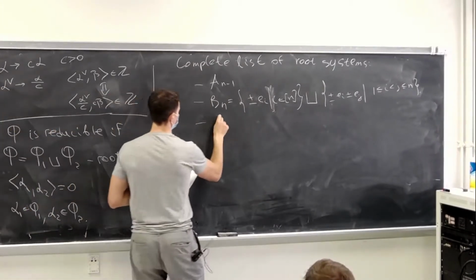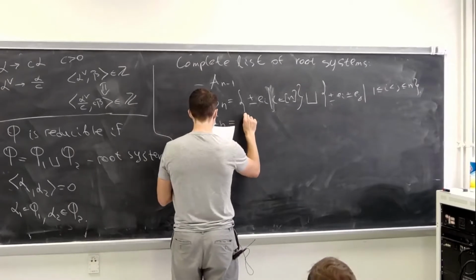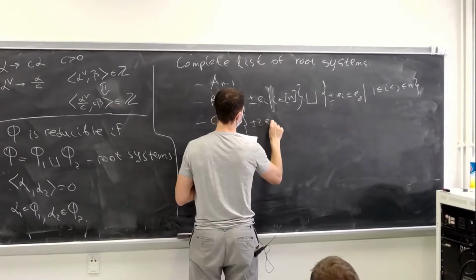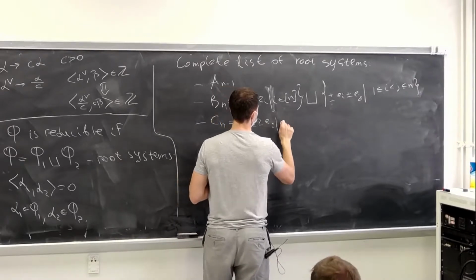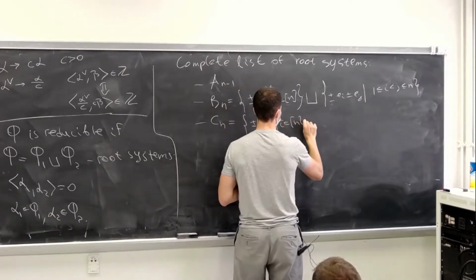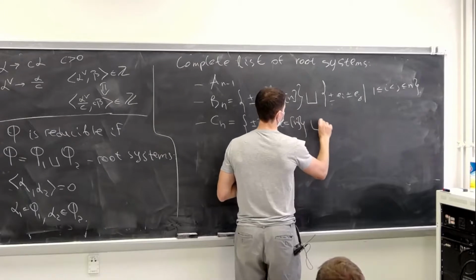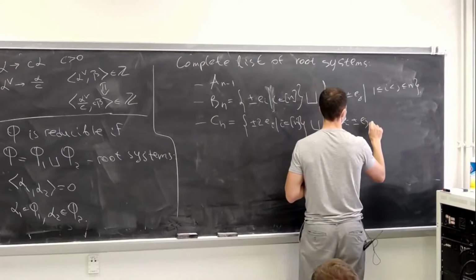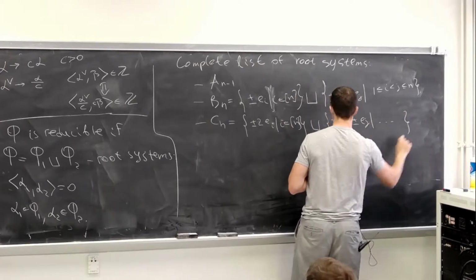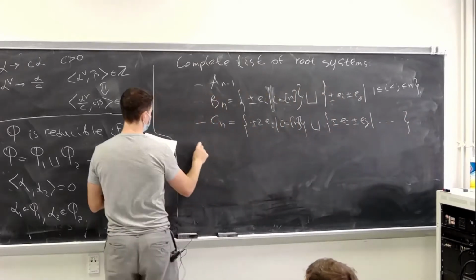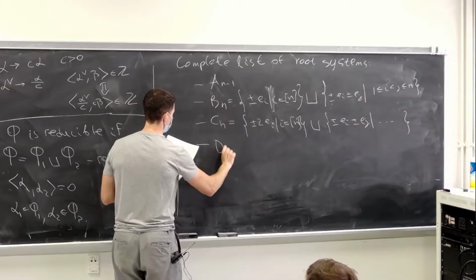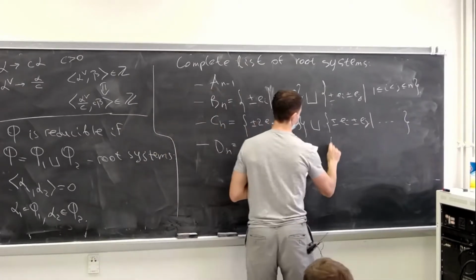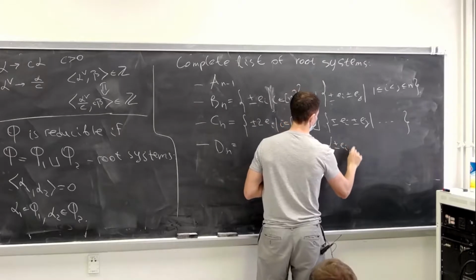The next one is C_n, which is the same as here, but you take plus or minus twice e_i, disjoint union plus or minus e_i plus or minus e_j. And then the next one is D_n, and it consists of just plus or minus e_i plus or minus e_j.